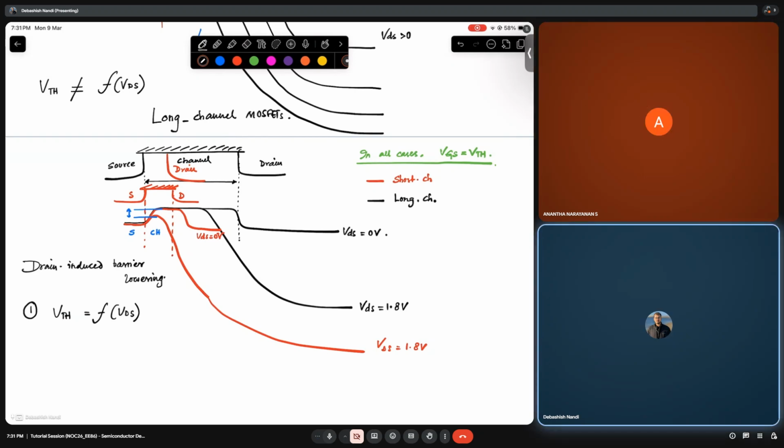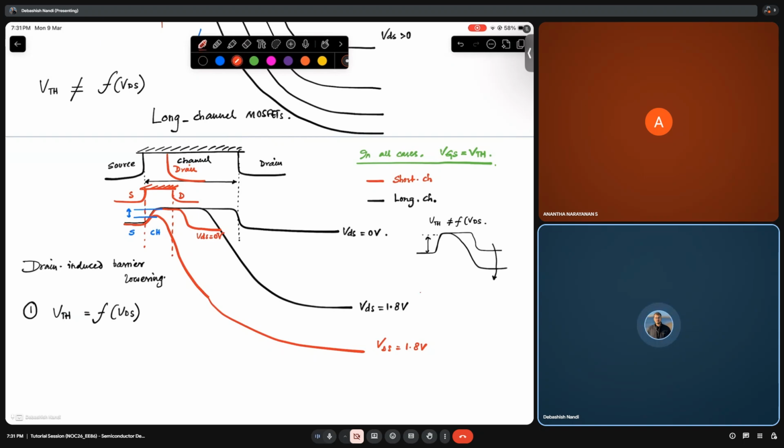Okay. So in a long channel device, this is my VDS equal to 0. As my VDS is increasing, this part is getting lowered, but my source to channel barrier is intact. That means my VTH is not a function of drain voltage, right?